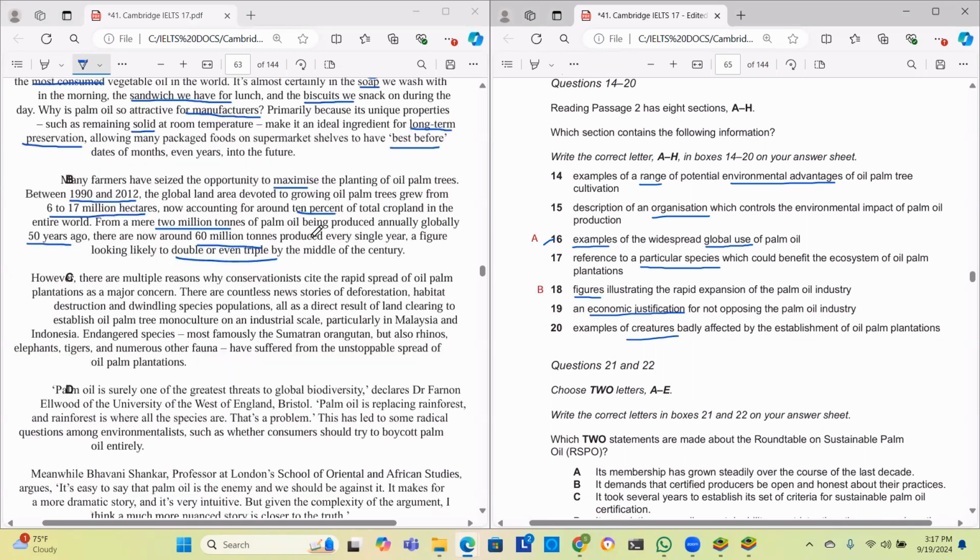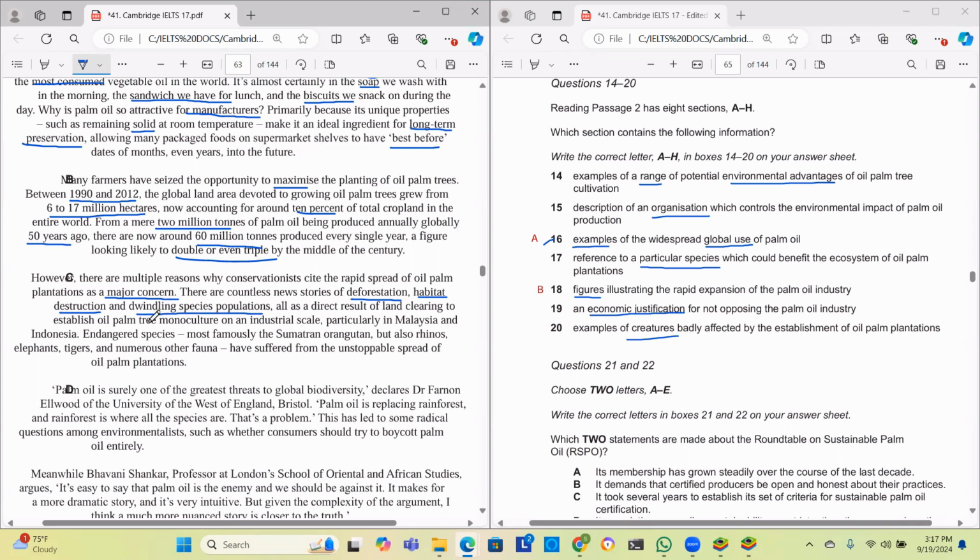Now, let's read the C paragraph. However, there are multiple reasons why conservationists cite the rapid spread of oil palm plantations as a major concern. Now he's talking about some concerns here, right? There are countless news stories of deforestation, habitat destruction, dwindling species population.